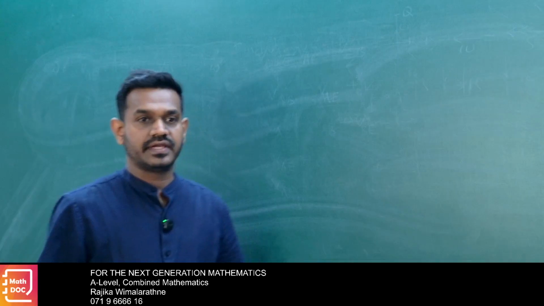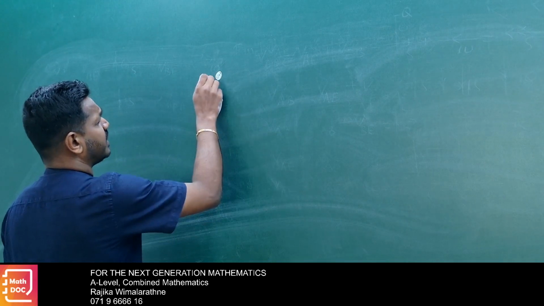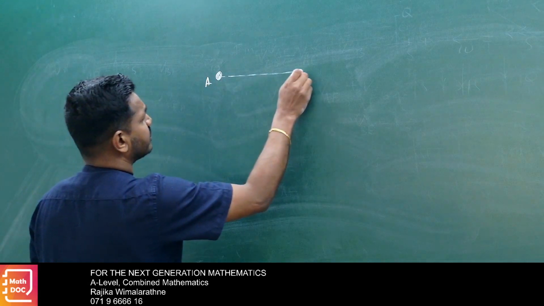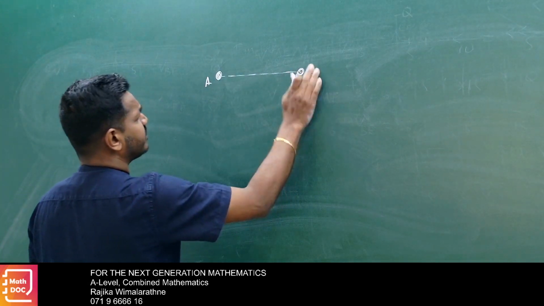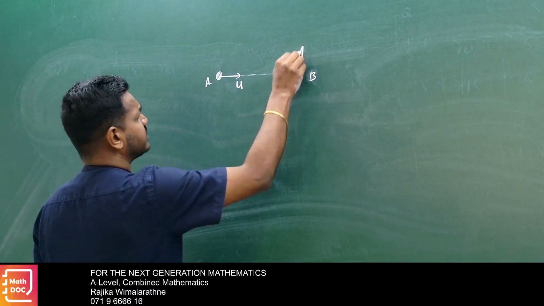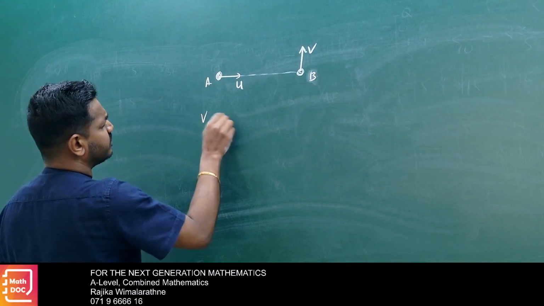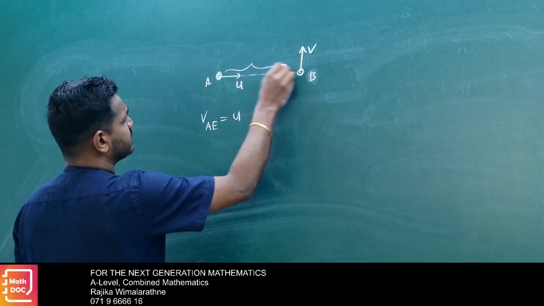Now see, this is a very simple concept, but it commonly appears in examinations. Here consider A, and here B. A moves with velocity u, B moves with velocity v, and the initial displacement is d.